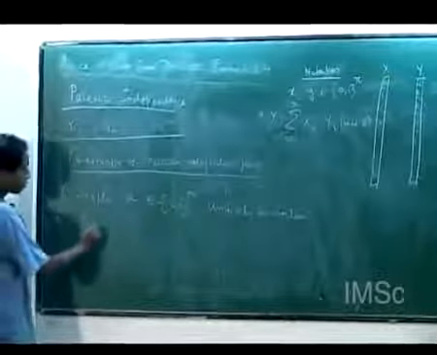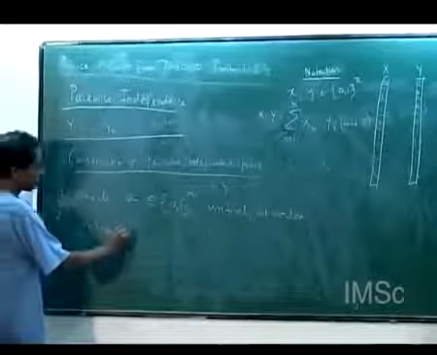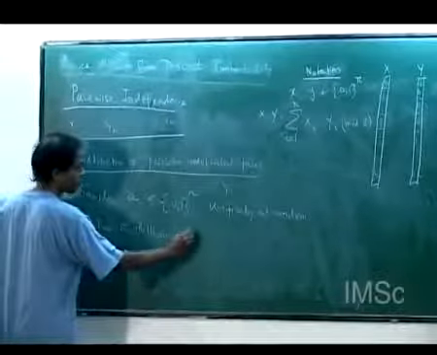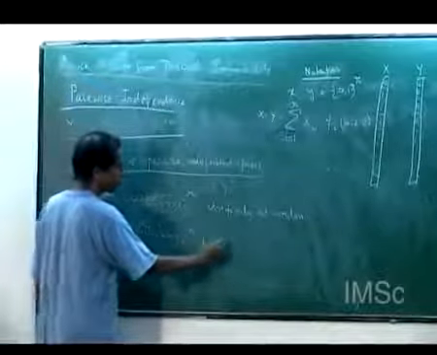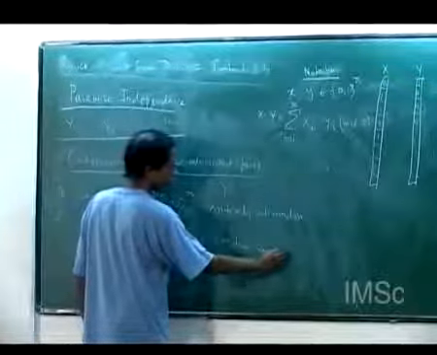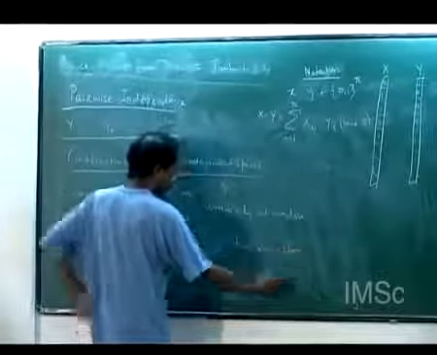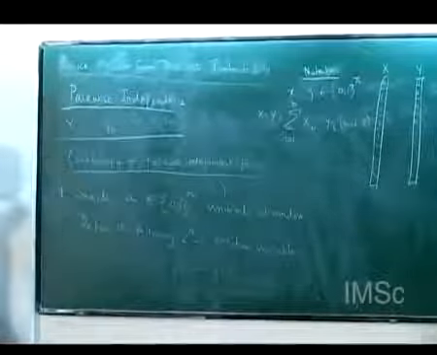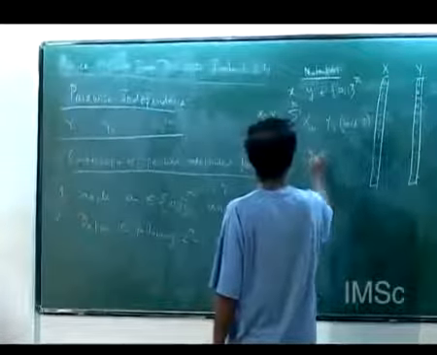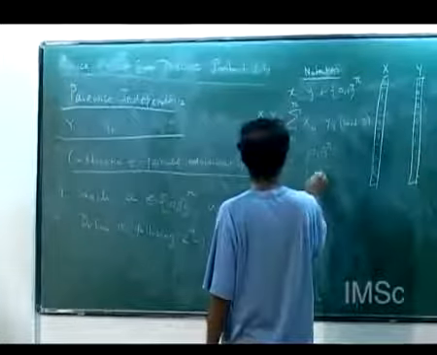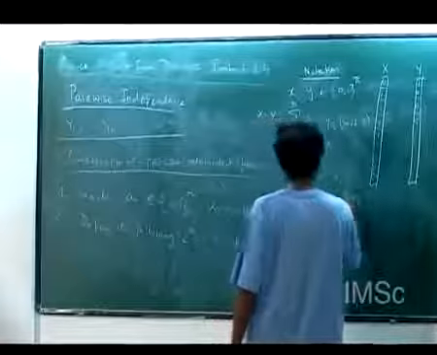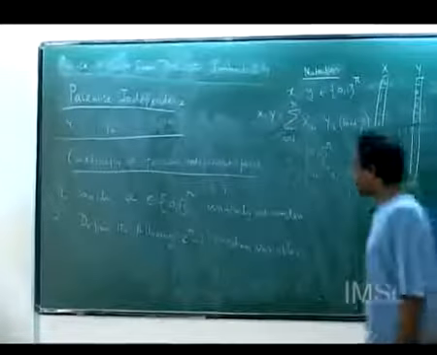Define the following random variables. Just remember that this is like the all-0 string to the all-1 string. There are 2 power r strings, all 0 to all 1.